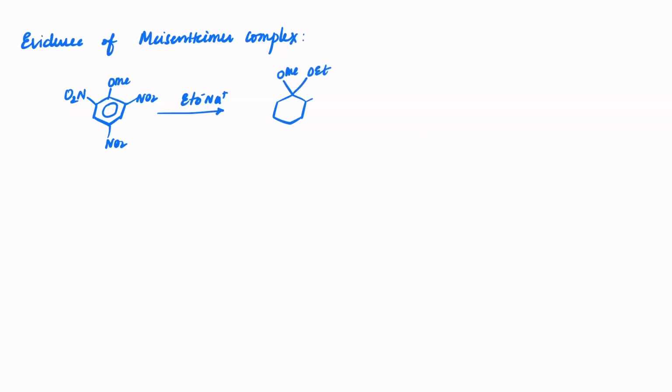But since both of them are almost of a similar nature of leaving group, that means both are very similar in terms of their leaving group ability. So EtO minus can leave, or MeO minus can leave. After the reaction, you will notice both products will be forming. Initially, let's say we had 100% of this one.